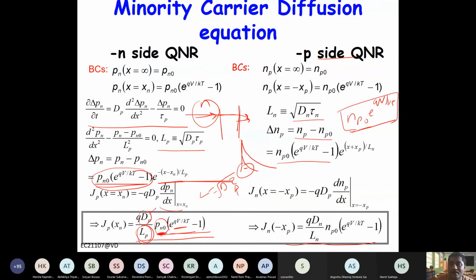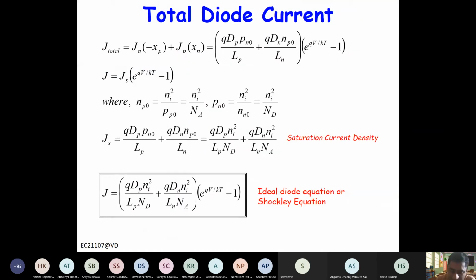We will see now. So this is the total current. When you add the two currents, Q Dp Pn naught by Lp plus Dn Np naught by Ln, times exponential QV by KT. Now, because Pn naught is Ni square by Nd or Nn, and similarly Np naught is Ni square by Na, and L is root D tau, you can write L square is D tau.